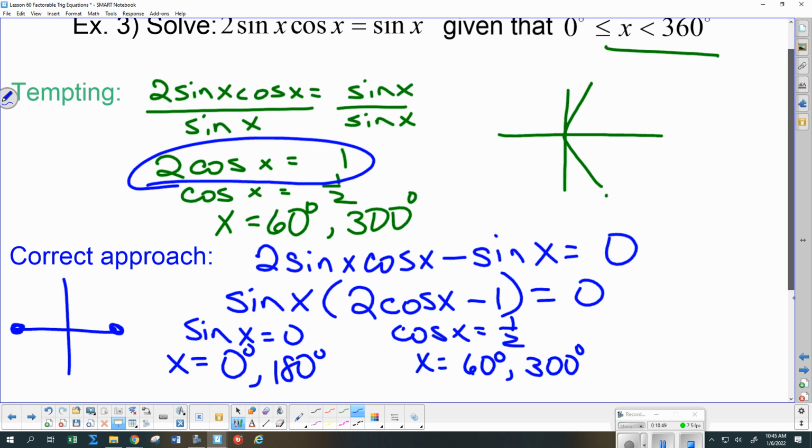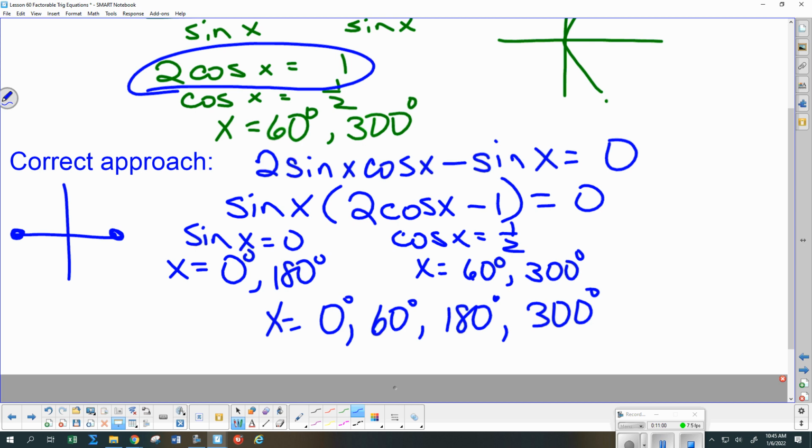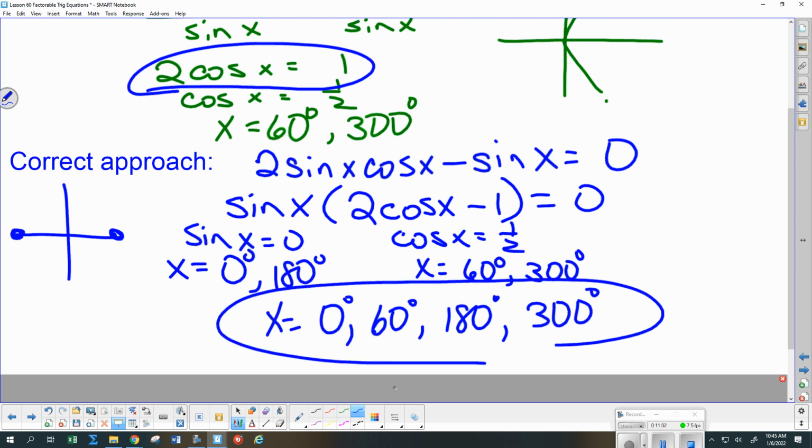And then we write our final list, one list, everything in order: 0, 60, 180, and 300, and make sure we remember the degree signs on each and every one of those. So give me a thumbs up or a thumbs down on that one. Is it making sense? So just be careful. Don't divide by something that has a variable in it.